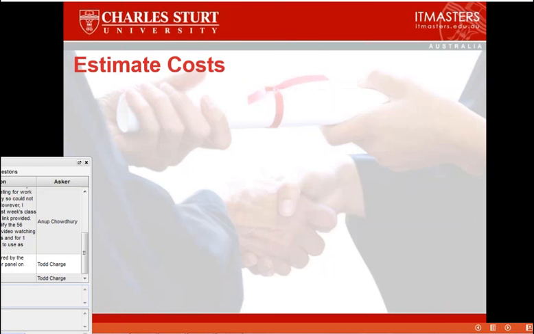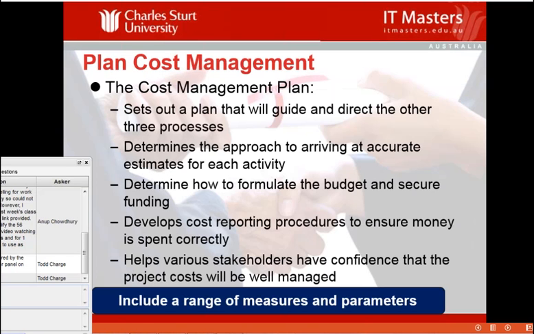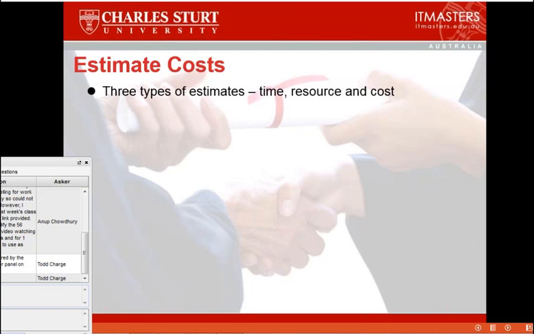As part of the previous point, make sure that you have measures and parameters that you can use for monitoring and controlling later on, so that you can backtrack against your actual values and your baseline. Three types of estimates: time, resource, and costs.